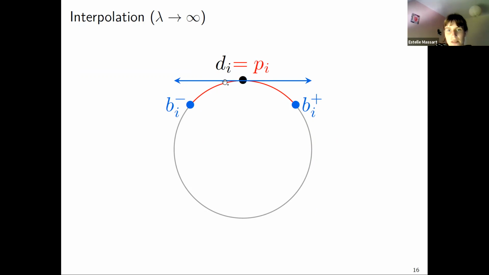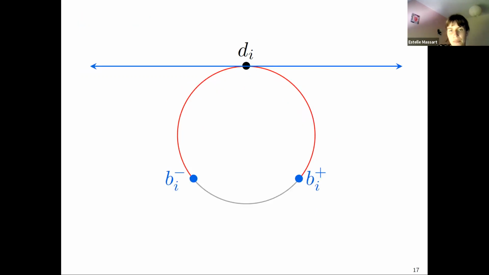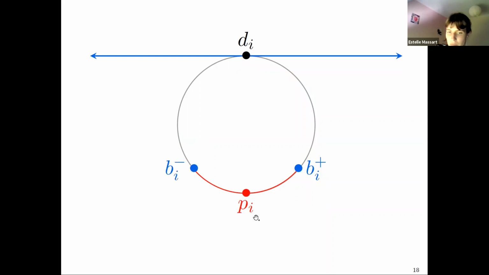What we got in our case was a situation like this. We computed the tangent vectors associated to b_i minus and b_i plus, then we mapped those vectors on the manifold. If you take the midpoint between the two, we have vectors that are too big, so we don't get the point that we were expecting.